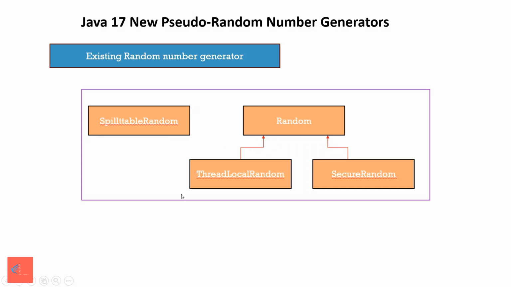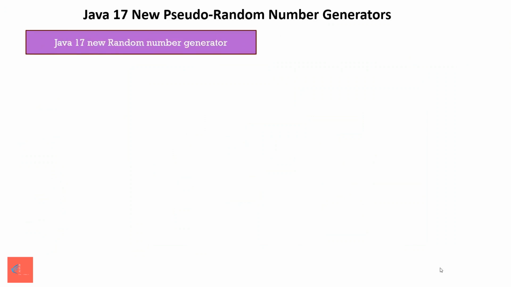Next is ThreadLocalRandom, which is used for multi-threaded systems. Next is SecureRandom for security sensitive contexts, and last is SplittableRandom for parallel streams or fork join style computations.